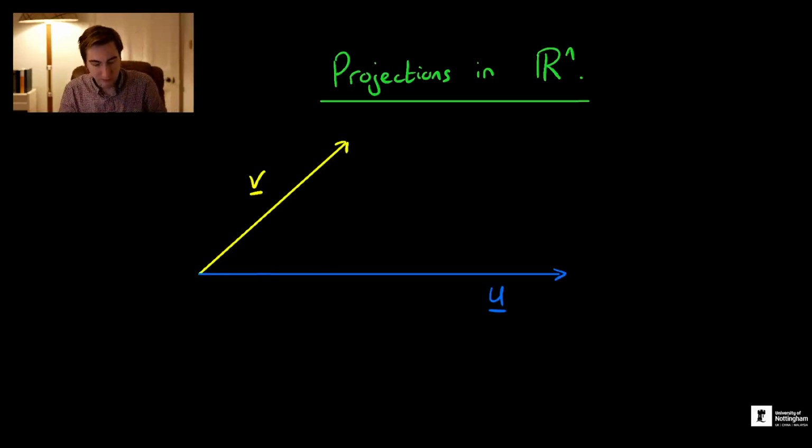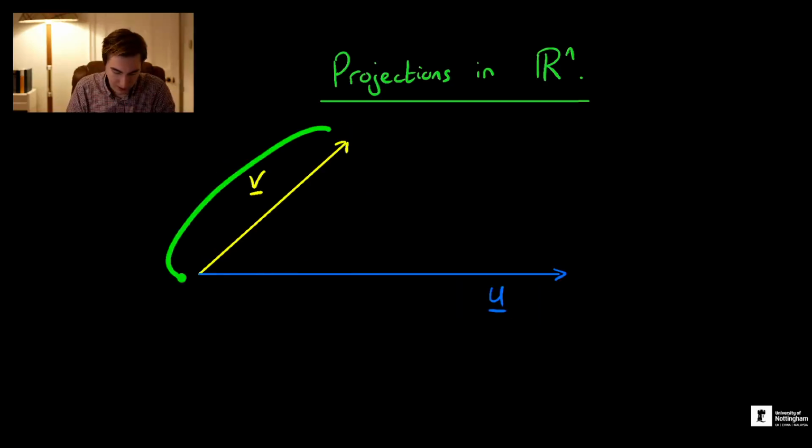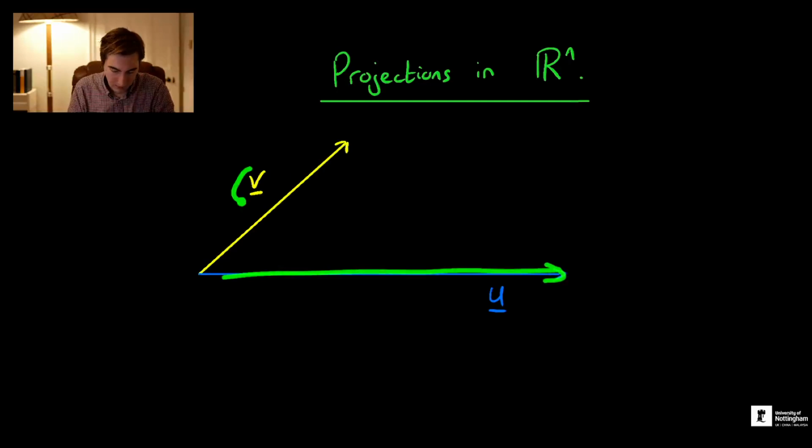And I want to say, effectively, how much of the vector u is contained within the vector v. So, in other words, if I project v down onto this vector u, how much of the component of u in this direction is in v, right?